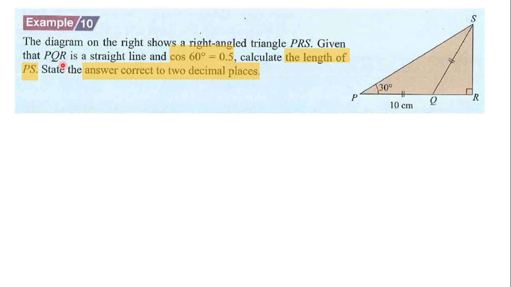Given that PQR is a straight line, cos 60 degrees equals 0.5. Calculate the length of PS. State the answer correct to 2 decimal places.